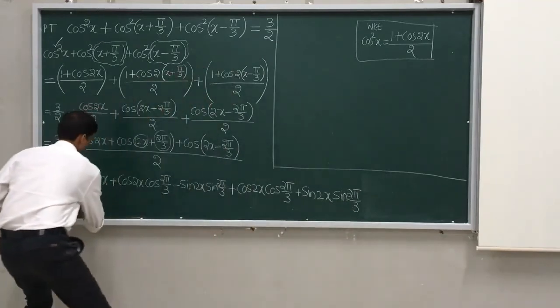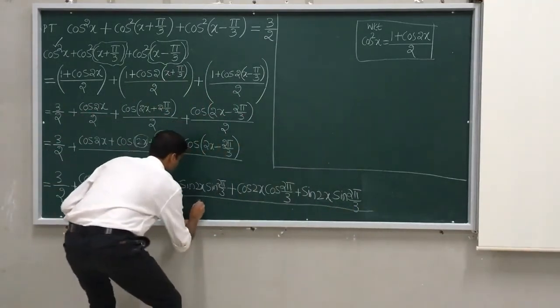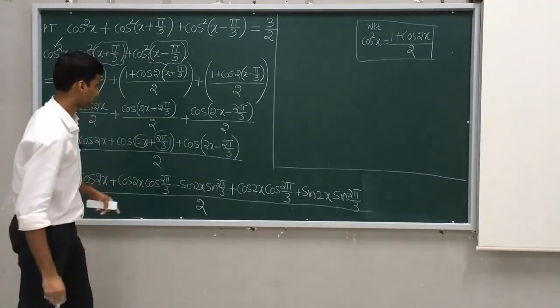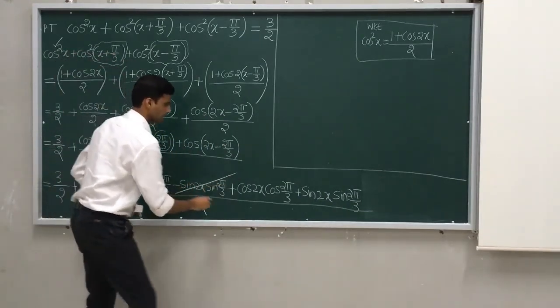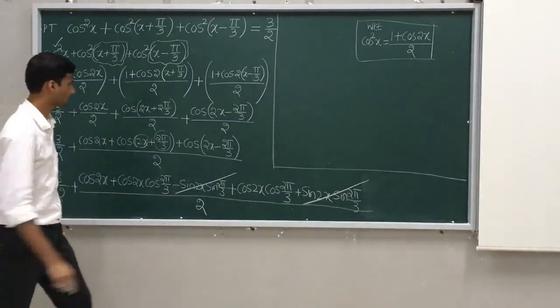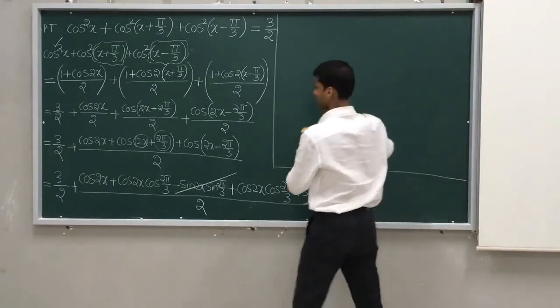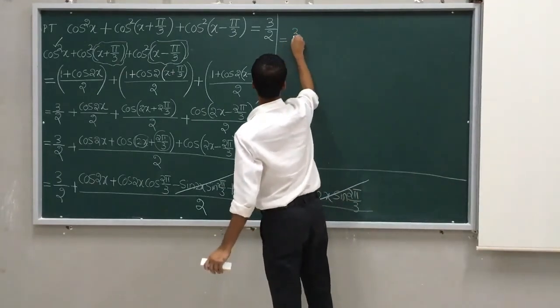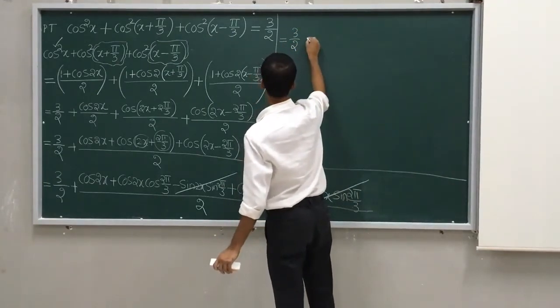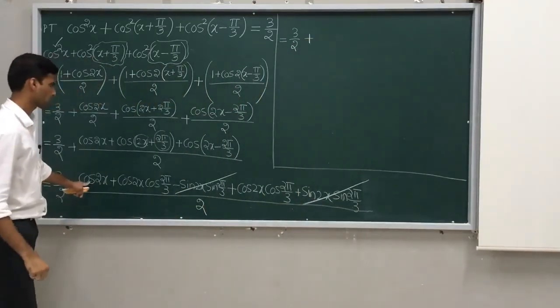This is whole divided by... if you observe, this and this will cancel, so I'm left with 3 by 2 plus cos 2x.